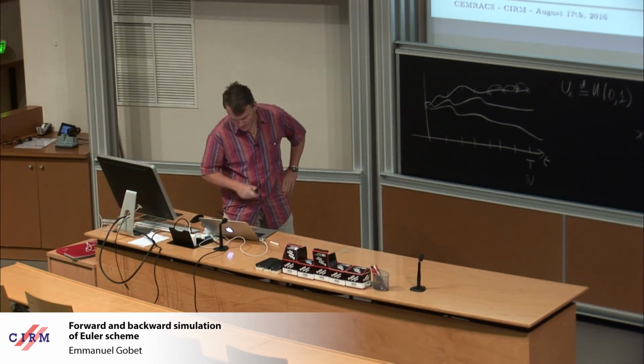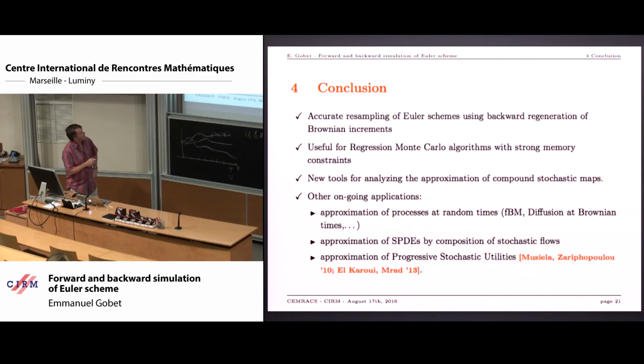So to summarize, there is a way to resample the Euler scheme using backward regeneration of Brownian increments. You just have to revert the random number generator, and it is possible for many random generators.